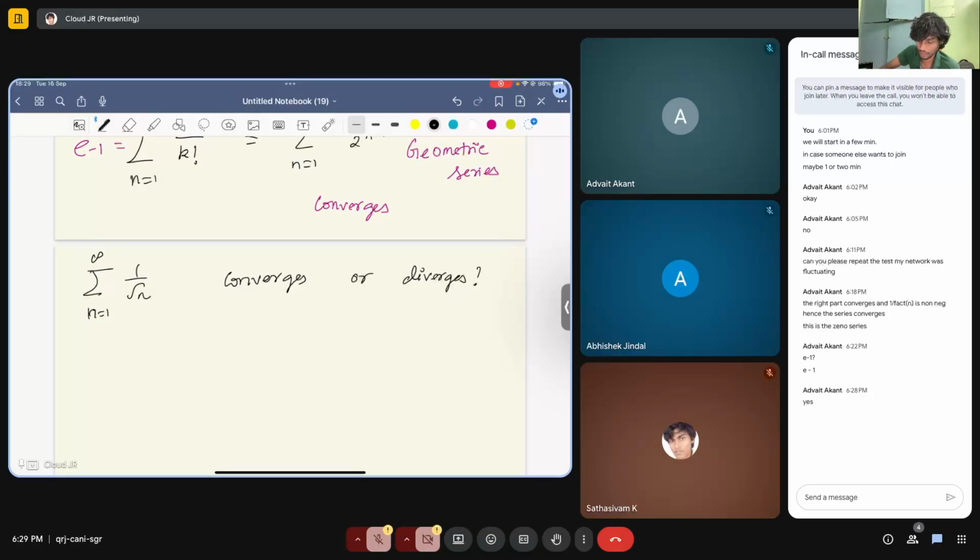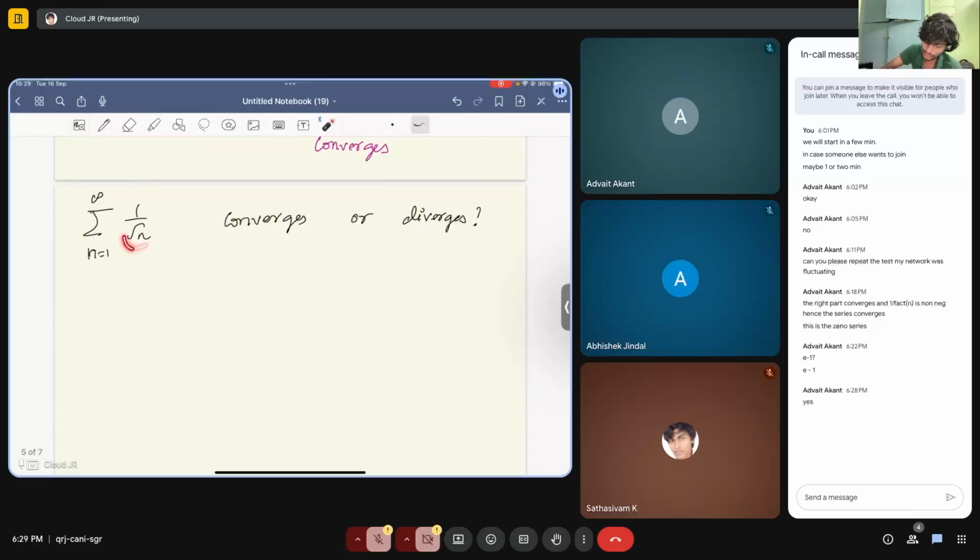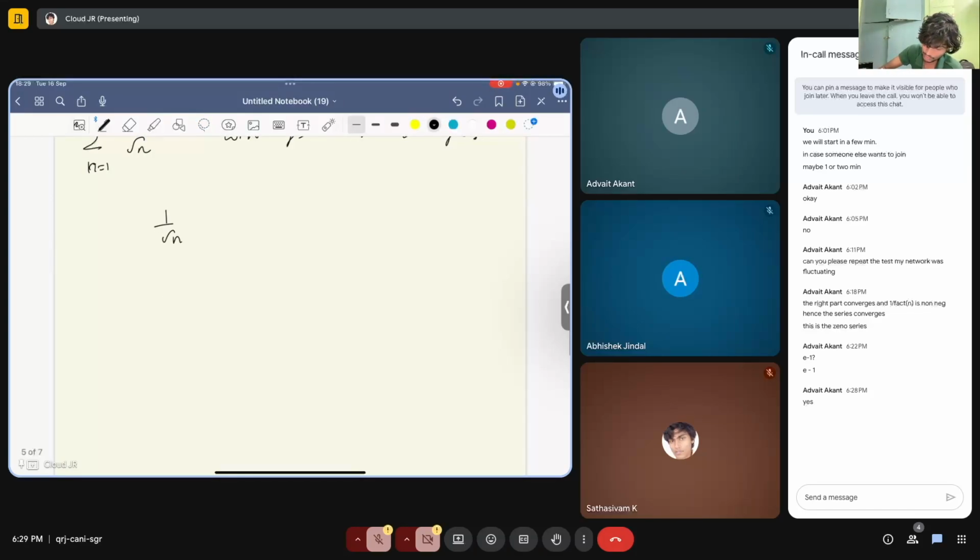Okay. So what you can do is compare this series with some other series that you already know. This is n equal to 1 to infinity, 1 by root n. Just take this and you can see this is greater than 1 by n. Why?